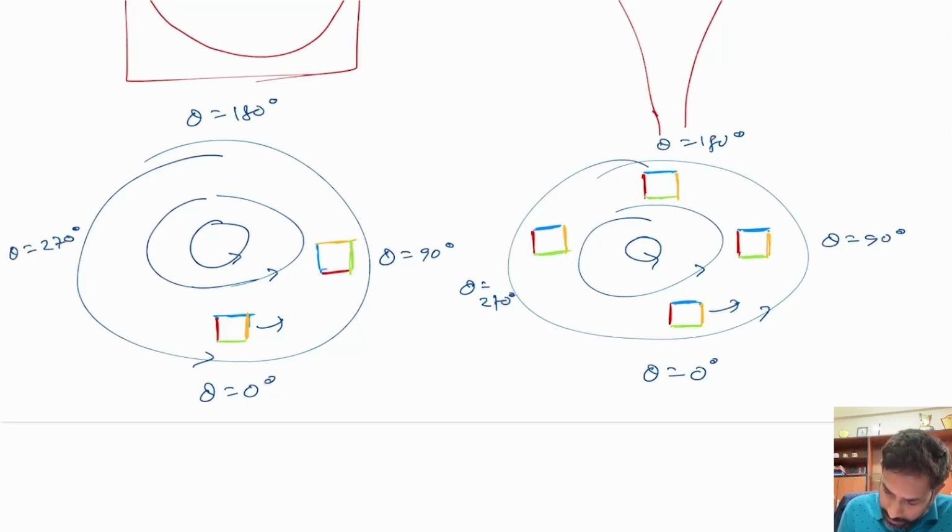All right, and let's try to do that for this one here. All right, so this is the fluid element that we are talking about, right?